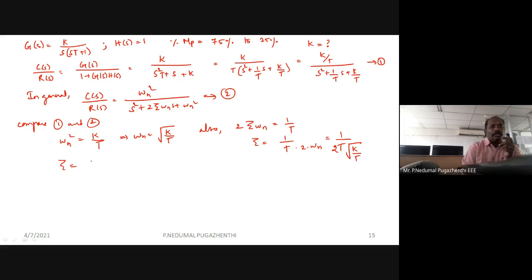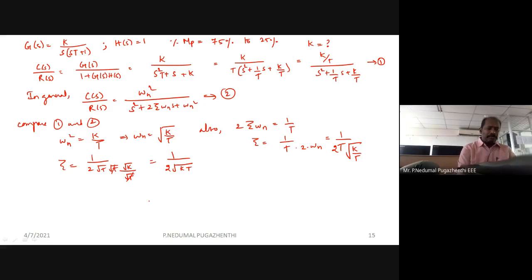Zeta is equal to 1 by 2 into square root of t into square root of t into square root of k divided by square root of t, because t can be written as root t into root t, and I can split this root of k by t as square root of k by square root of t, so this gets cancelled. So I will get 1 by 2 square root of kt. So I have my zeta value and I have my omega n value.